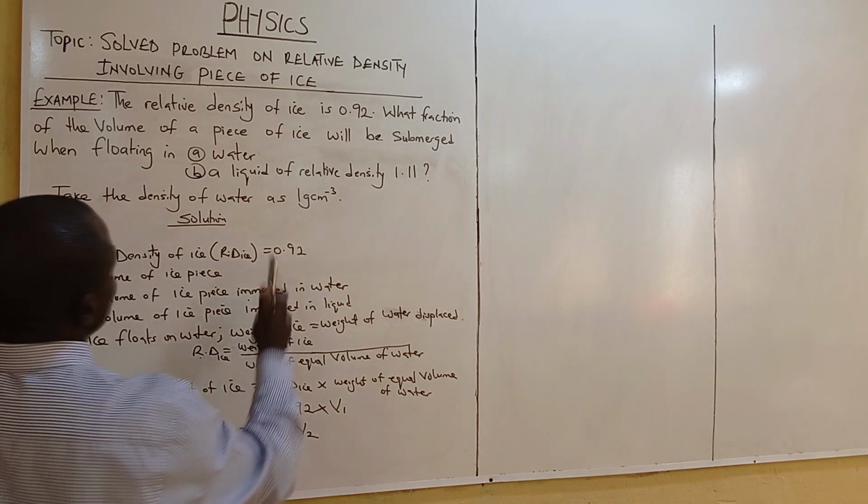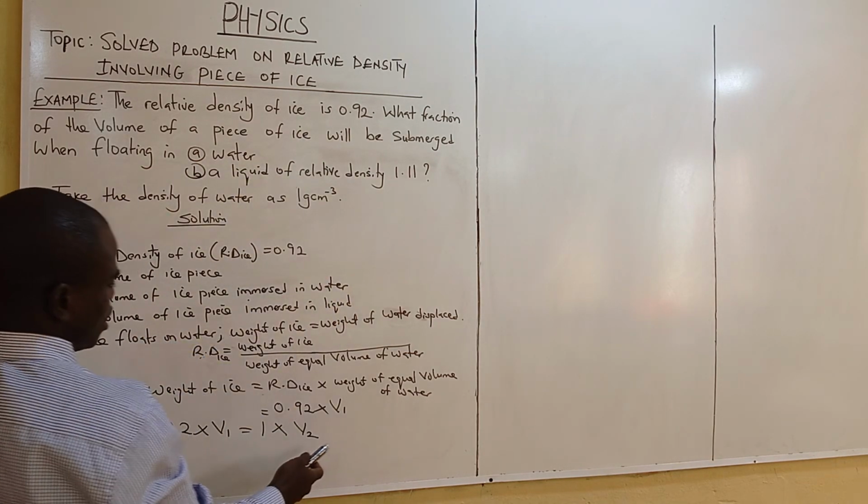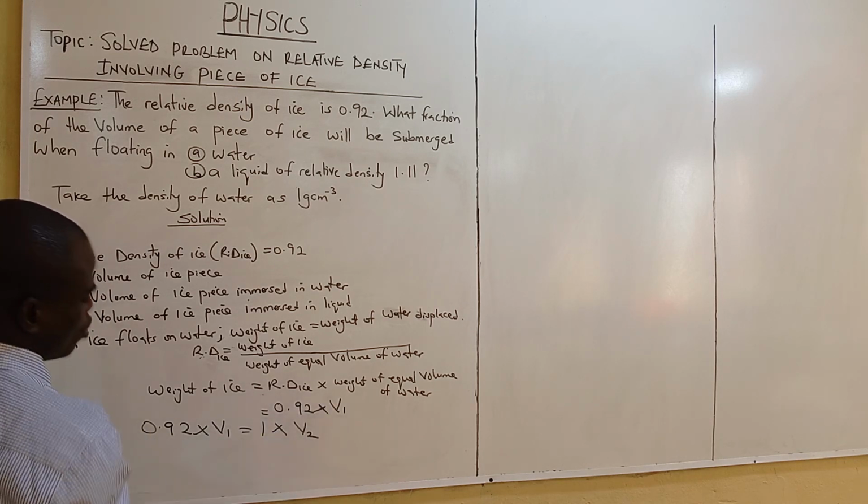Now, since you are dealing with a piece of ice that will be submerged when floating in water, V2 will be up, this V1 will be down because it's being submerged in water.